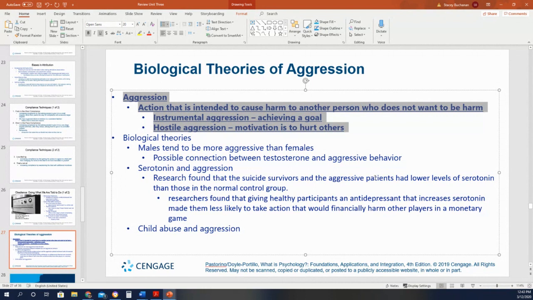Hostile aggression would be like you walk up to someone and punch them in the face. The only reason you punch them in the face is because you really, really wanted to punch them in the face. So like I said, that's all you really need to know about aggression. The reason I had y'all do that aggression activity, and unfortunately I didn't get a lot of time to spend on it, is to figure out: I think this is aggression, but do I feel that instrumental aggression is less aggressive than hostile aggression?